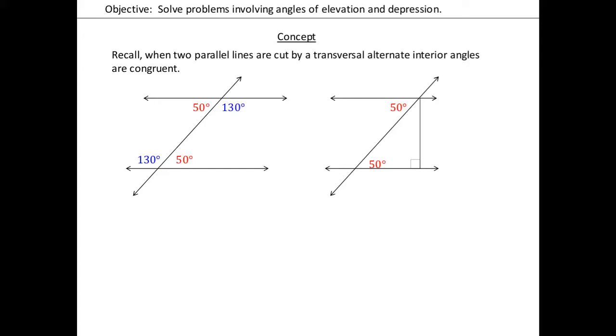This is a Math 2 standard, but I'm not sure how much of this you learned from last year. It says, remember when two parallel lines are cut by a transversal. My two parallel lines are these green lines here, and my diagonal line is the transversal.